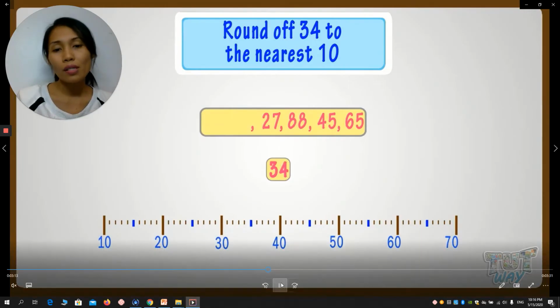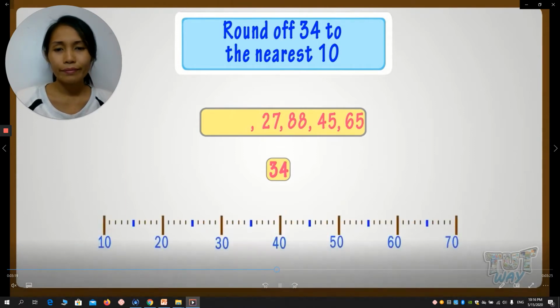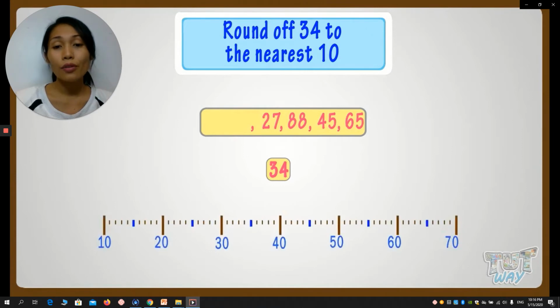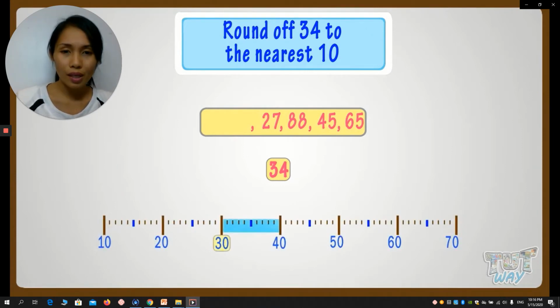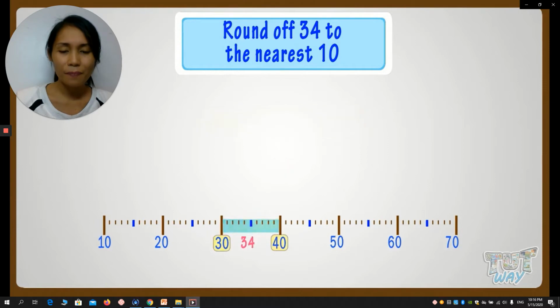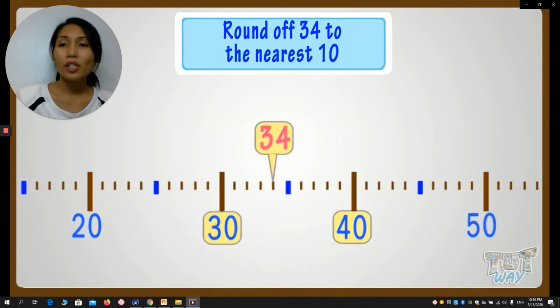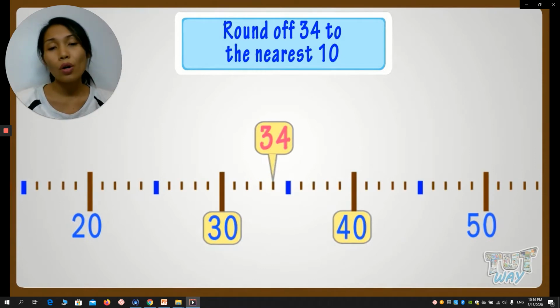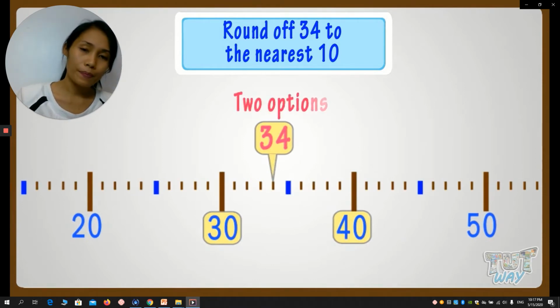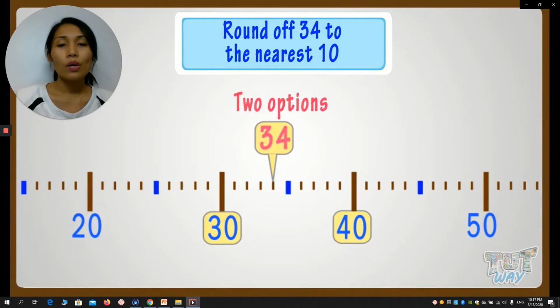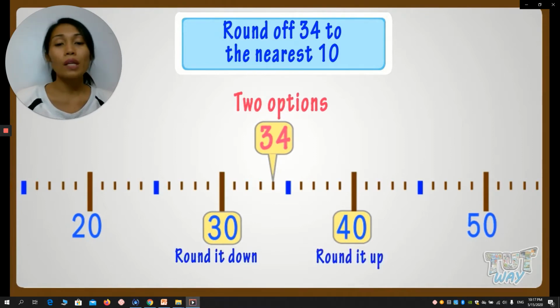Let's try another number, 34. Where is 34 located in the number line below? Of course, it's in between 30 and 40. As we have mentioned, we have two options to round off, either to round down or to round it up. If we round down 34, we will round it down to 30. But if we round it up, it will round it up to 40.